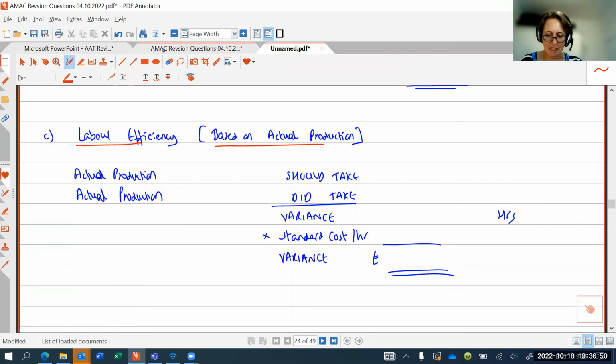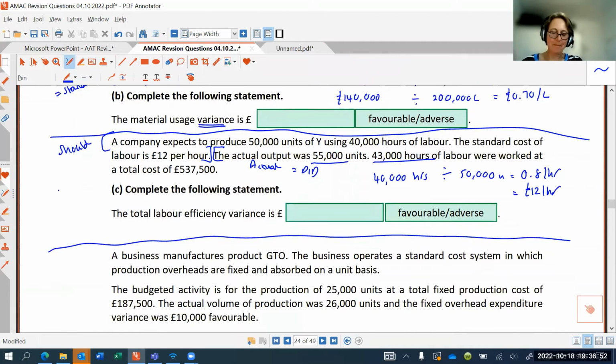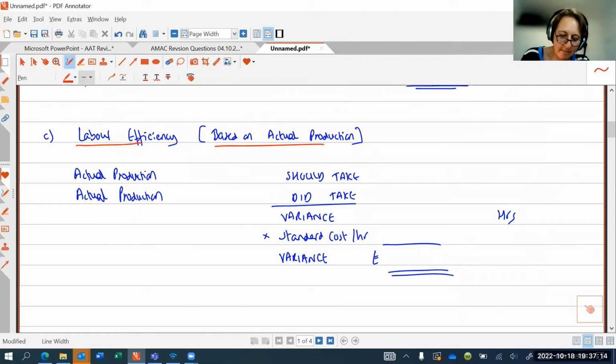So let's actually go back and do it properly. So it tells me then, in terms of actual production, as I read the actual section, the actual output was 55,000 units. That's what I'm looking for, the actual production. So 55,000 units. So I need to pop that in here.